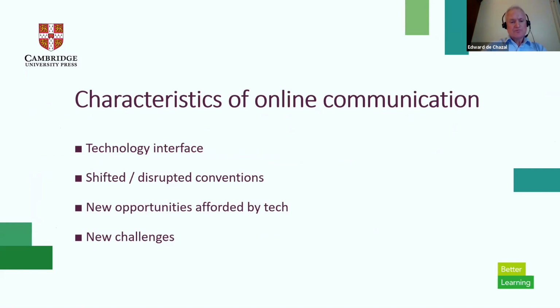Following on from that, characteristics of online communication today: there's a huge technology interface, a barrier perhaps, and shifted, disrupted conventions. So two students suddenly speak at once, or we speak at once because we can't see the cues, we can't see the people behind the screen, we can't pick that up.